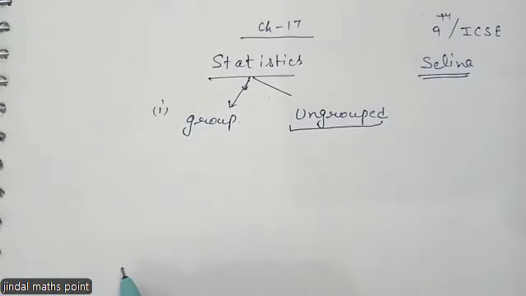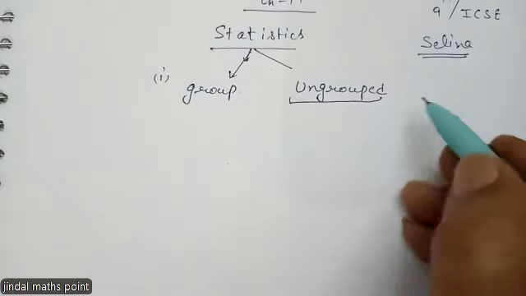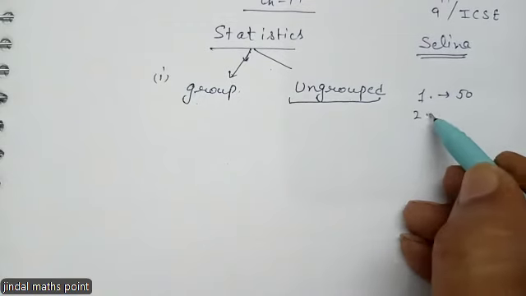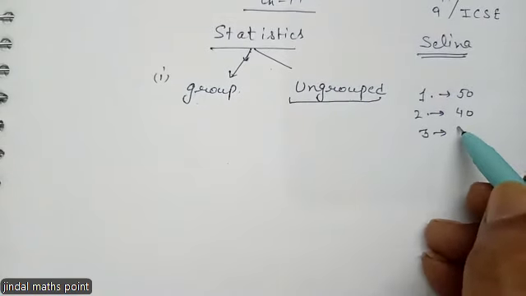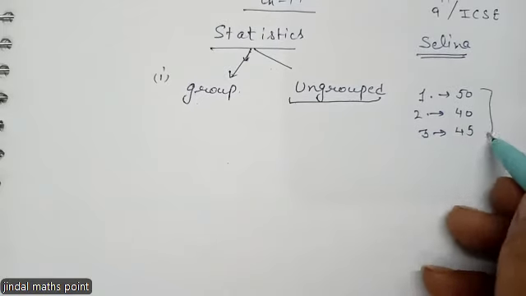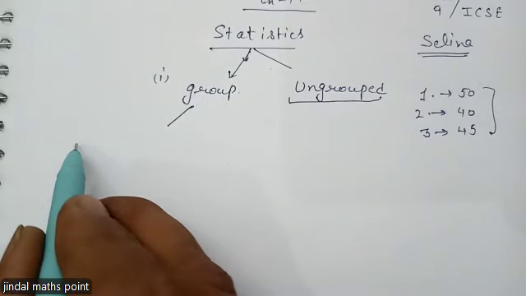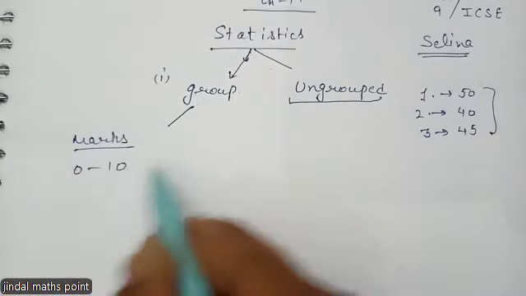Ungrouped is like single values. For your roll number 1, score 50 marks in maths. Roll number 2 scores 40 marks in maths. Roll number 3 scores 45 marks, and so on. This is single. Grouped data is like marks from 0 to 10. How many students?